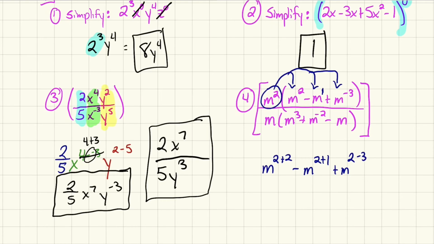And then that's going to be divided by, on the bottom, we'll change colors, m, and we distribute the m on the bottom. So that gives me m1 plus 3 plus m1 minus 2 minus m1 plus 1.